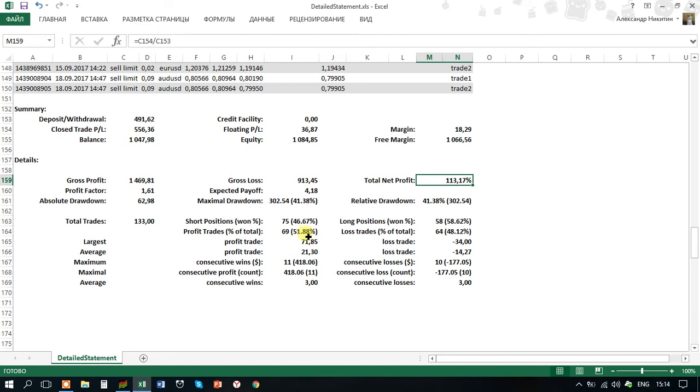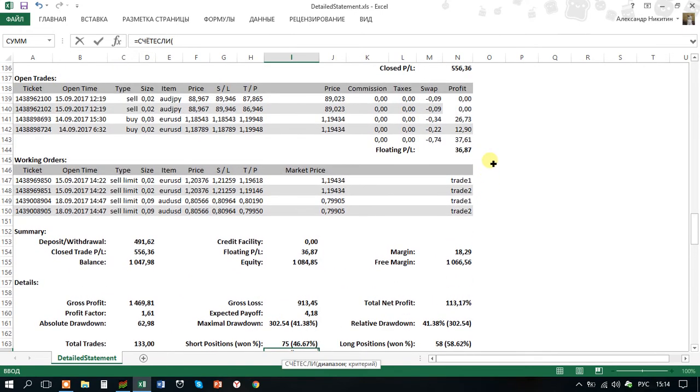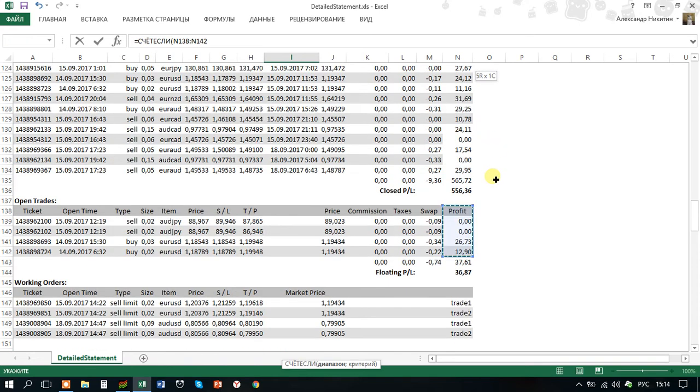Let's calculate the number of profitable trades. I will type some formula in Russian, so we should type this. COUNTIF, this is the formula. Now I am creating the range, 142. Oh no, not this.